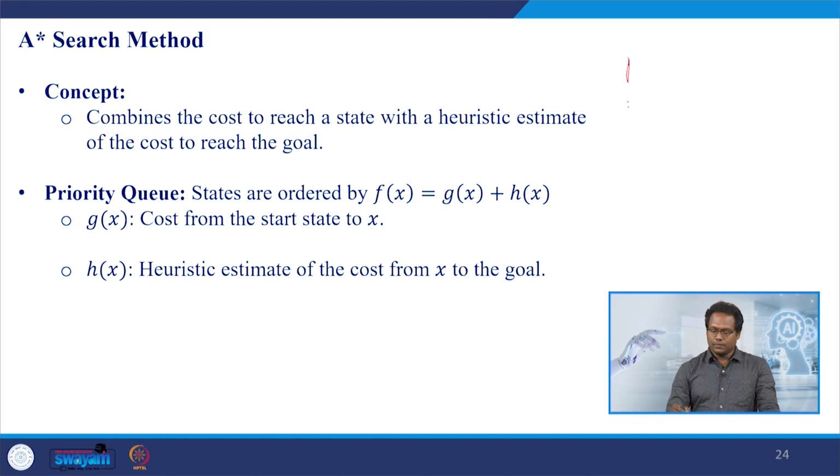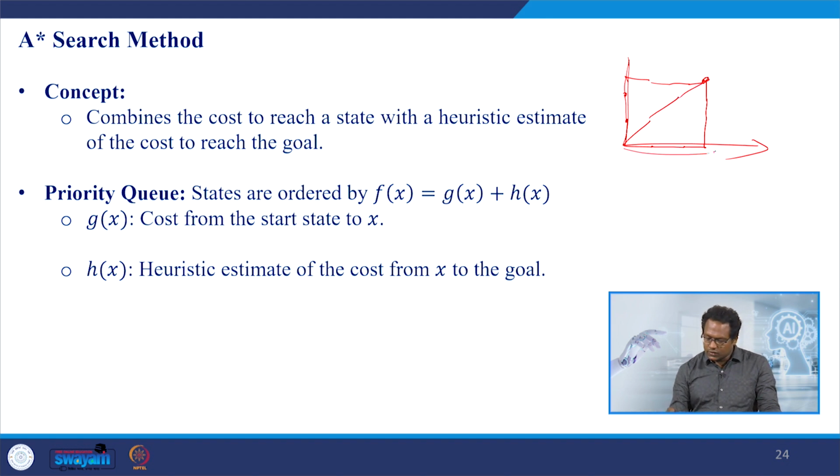For example, here is the goal, we can reach this one, this one, this one and then go here, or go here, then come here. So, this approach tells us to reach in this fashion.